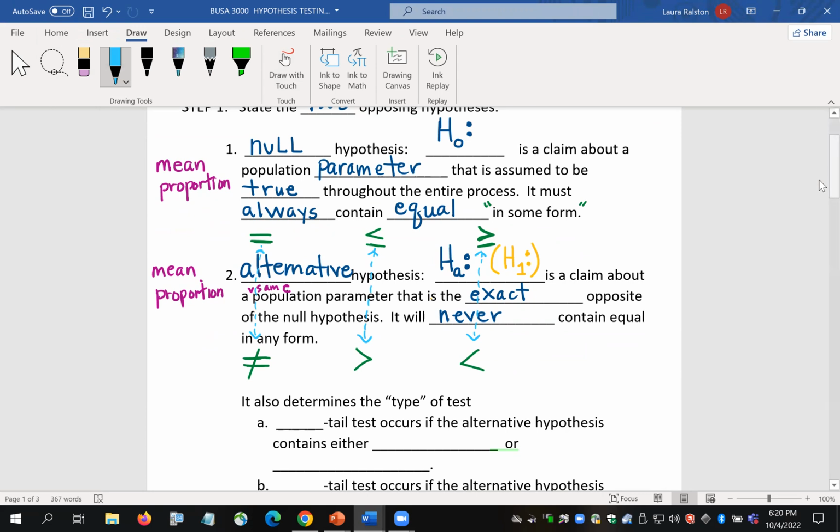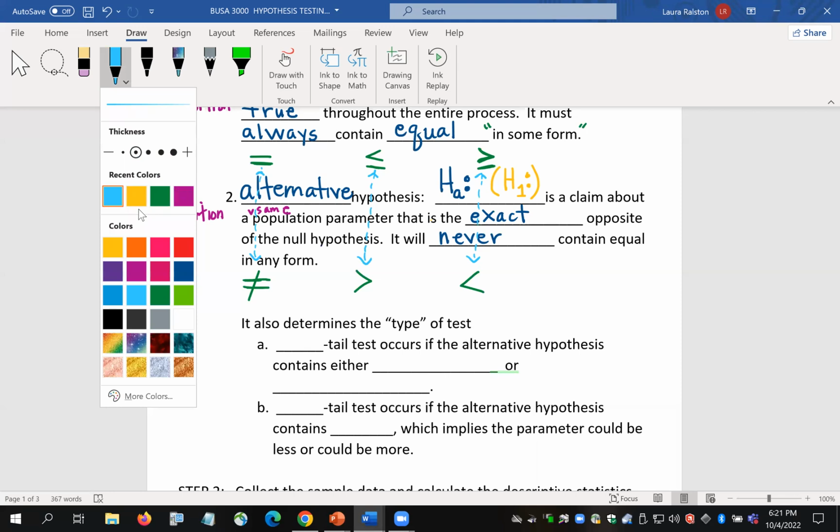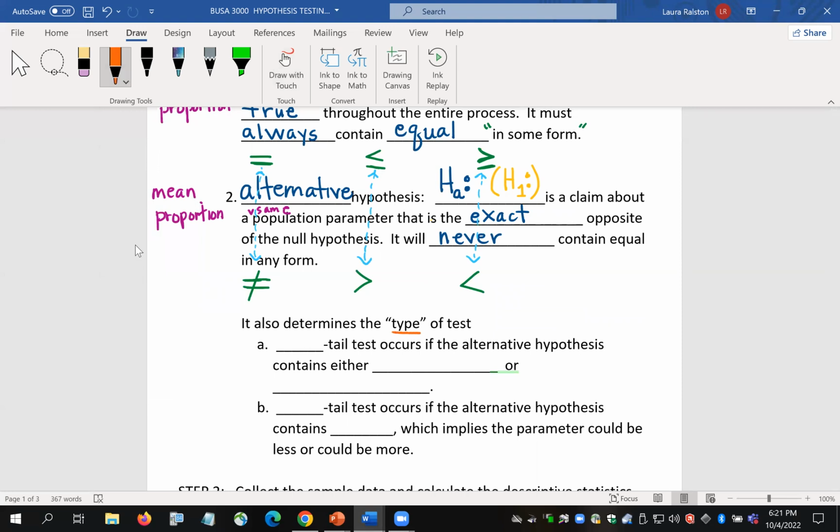The alternative hypothesis also helps us to determine the type of test. And it's important to know which type of test you have, because this actually affects the calculations of your test statistic that is going to happen a little bit later on. So it's important that you know which type of test you have.